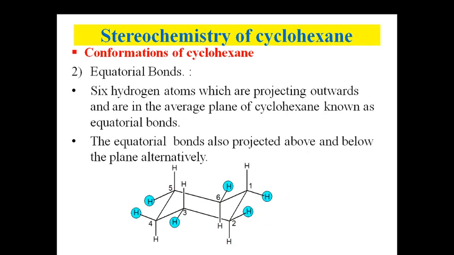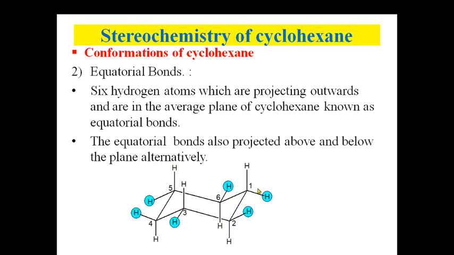Now let's go to the equatorial bonds. If you see the equatorial bonds, 1, 2, 3, 4, 5, 6, again all these 6 hydrogen atoms are projecting outward and are roughly in the average plane. These bonds are known as the equatorial bonds.